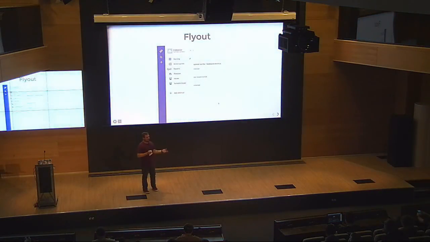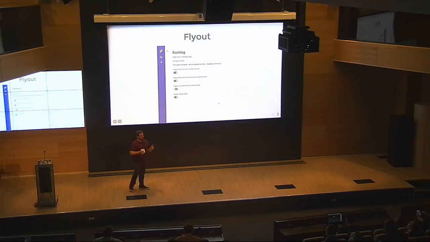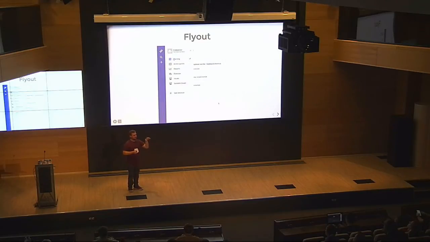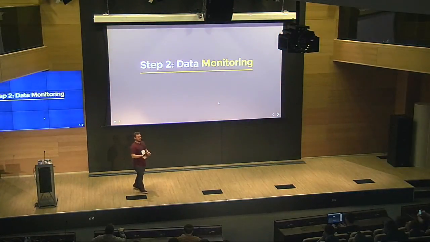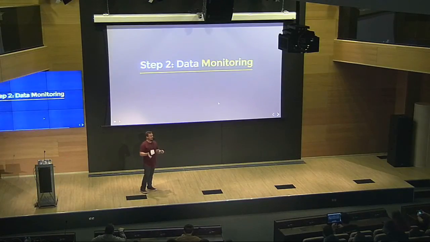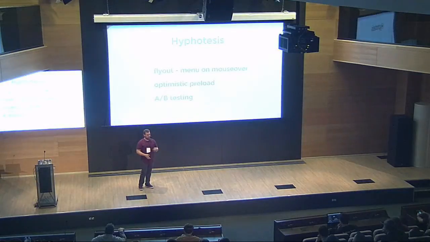For example, we have the flyout that I showed you before. You can go to the menu. When you mouse over, it opens the menu, it loads the content asynchronously, and you can interact with the page. And we started to think about how to monitor that information, how to monitor the success of this feature. Or even if it fails, what we can do. So we can see, okay, the user didn't like that. We can remove it after 3 months or after 2 months of validation.